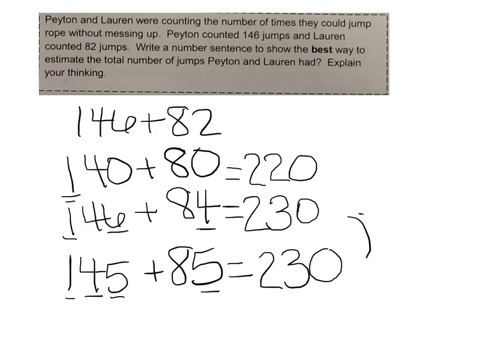You might notice that we got the same answers with both of those compatible numbers, which is a great strategy. Remember, when working with compatible numbers, they're numbers that are easy for you to do. They don't necessarily need to end in a 0, as long as it's a close estimate.